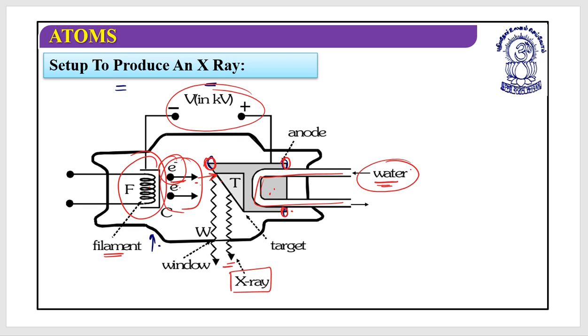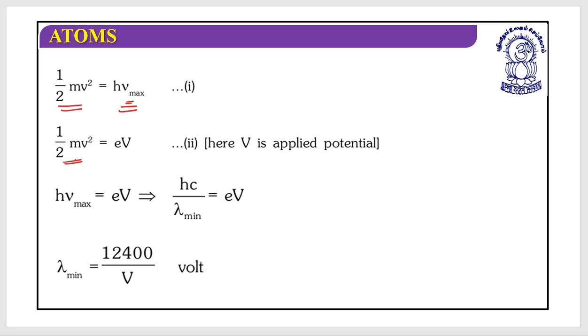this half mv square arises from the potential difference we apply, which makes the electrons move faster or slower. So half mv square is equal to charge times voltage. Here the charge is that of the electron, so half mv square is equal to eV.